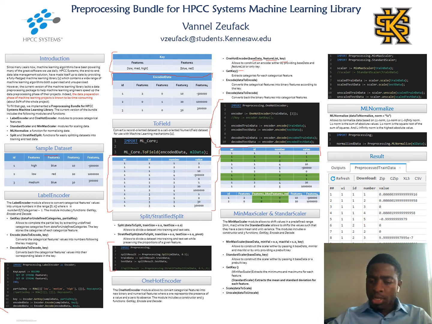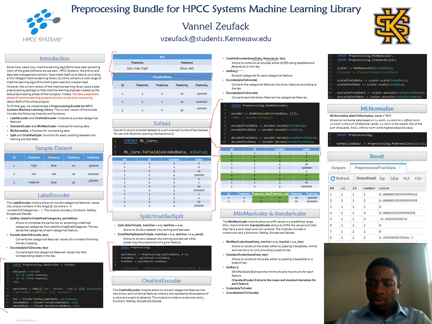You could also scale the data using min-max scaler or standard scaler. Min-max scaler will allow you to shift your data set into a min-max range, while standard scaler will allow you to shift your data such that it has a zero mean and a unit variance. Both the min-max scaler and the standard scaler have three main functions: get key, scale, and unscale.